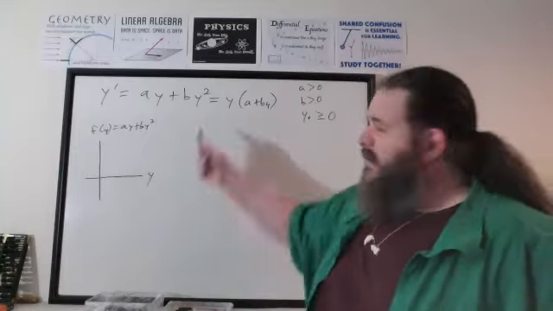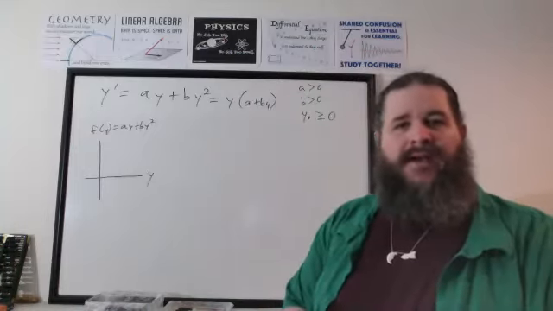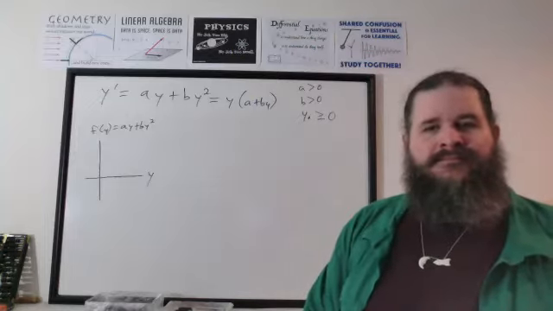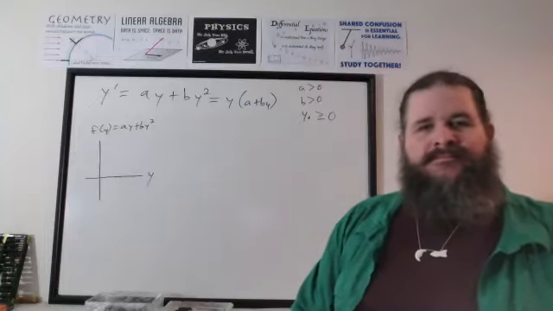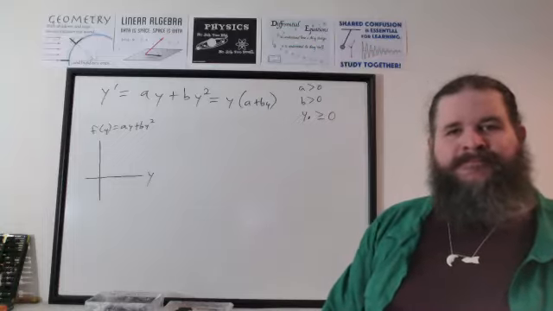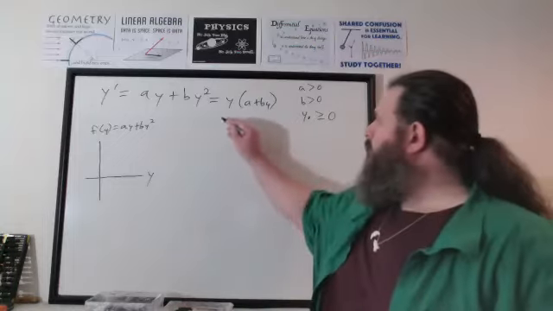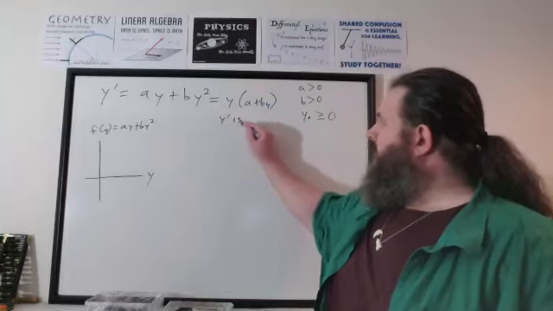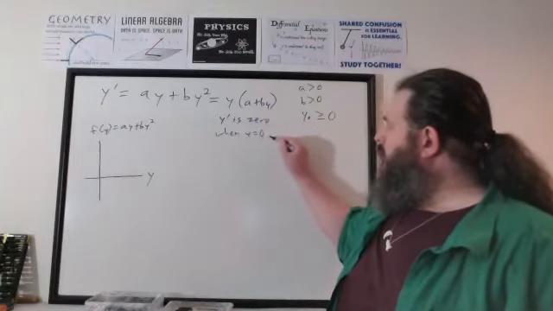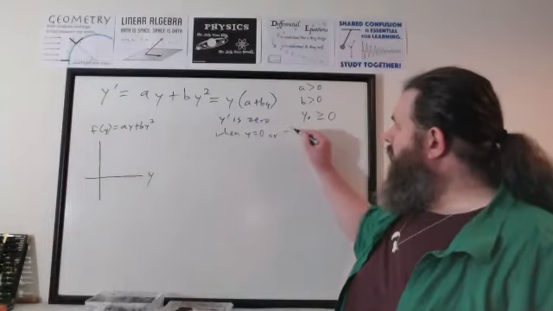So where is this going to hit 0? What y values will make this 0? Yeah, y prime is 0 when y is 0 or negative a over b.